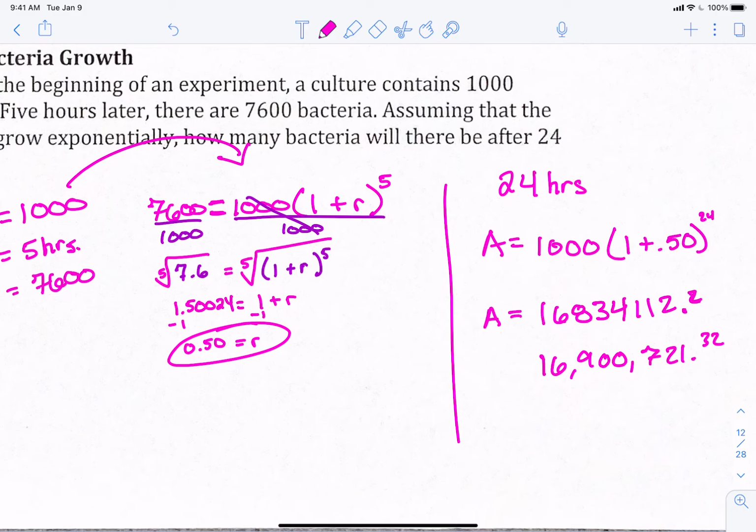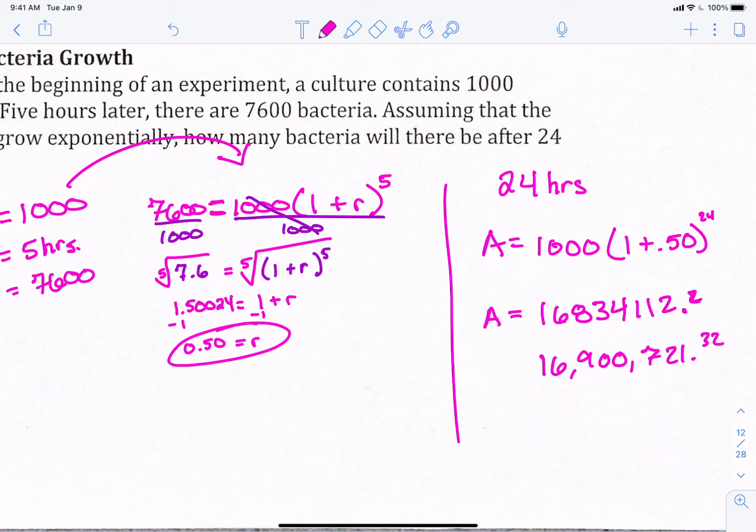So here's the difference between the two. They're both pretty accurate, but Allie used 1.5002, the whole big long decimal, versus using 1.50. It's like using 100 decimal places out versus 2 decimal places, and it just changes that much.